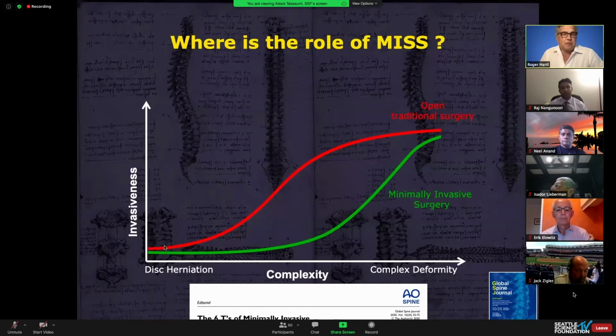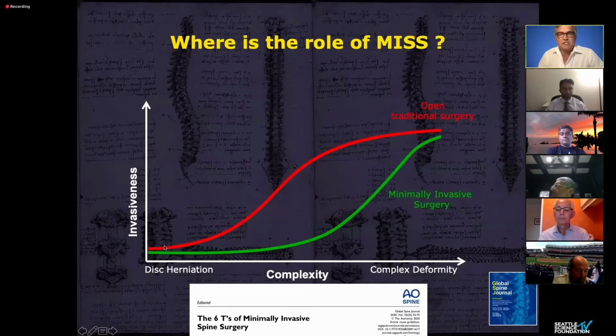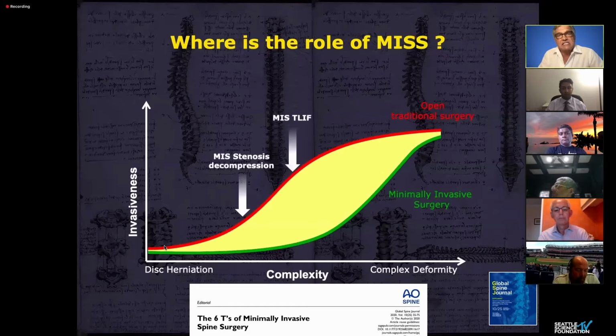And for the very simple pathologies, there may not be a huge difference whether you do it with open traditional surgery or MIS. But what I consider really the benefit zone for MIS are the pathologies kind of in between, which is maybe the 1, 2, 3 level lumbar stenosis case, the case that you treat with an MIS fusion, like an MIS TLIF, for example, or a 2, 3, 4 level fusion where you do lateral approaches, oblique approaches, maybe mix them with TLIF surgery.